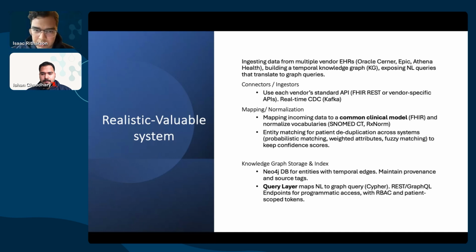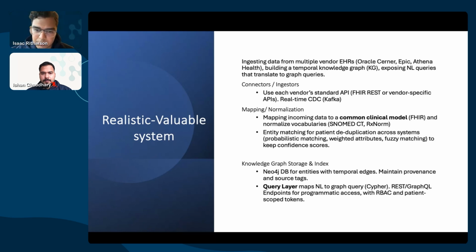So we are trying to use connectors, ingestors, or APIs from different vendors, and we are trying to use real-time CDC such as Kafka, and map or normalize the incoming data to a common clinical model, using normalized vocabularies like SNOMED CT and RxNorm. We are also using entity matching for patient deduplication, since there might be duplicate records available in different electronic health records.